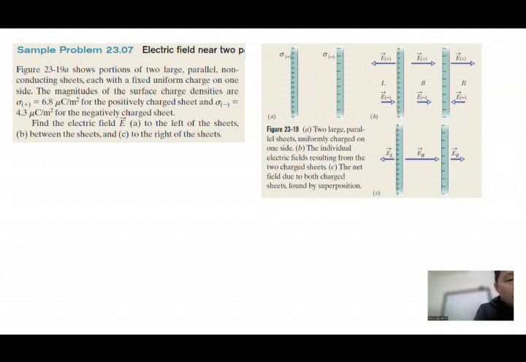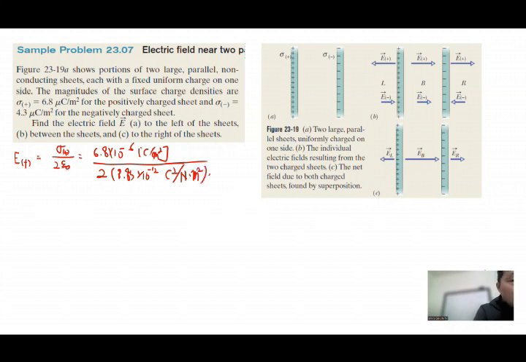The electric field from the positively charged plate is the charge density on that plate divided by 2 epsilon, which is 6.8 times 10 to the minus 6 coulomb per square meter, and the denominator is 2 times 8.85 times 10 to the minus 12 square coulomb per Newton per square meter.